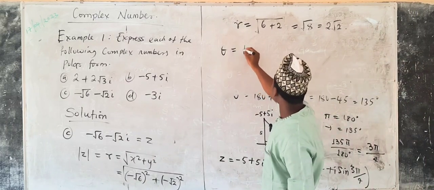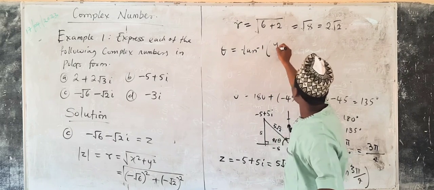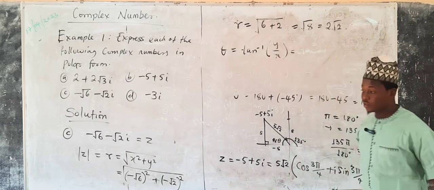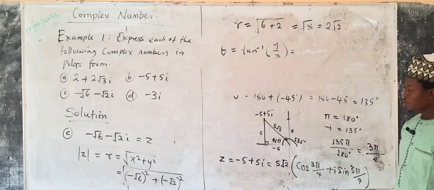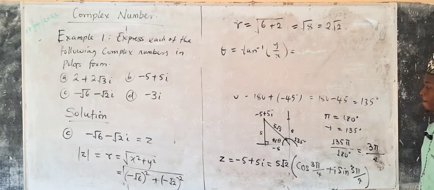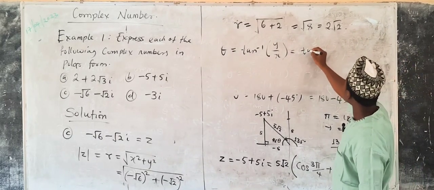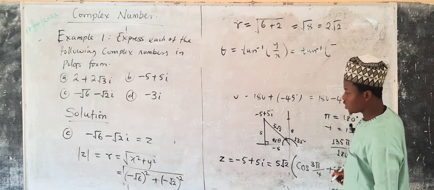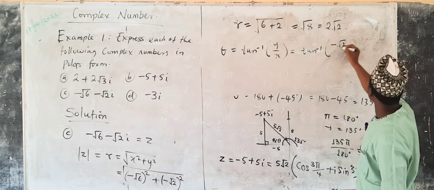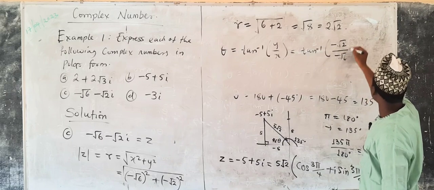Theta, which is tan inverse of what? Y over x. What is our y? Tan inverse of minus root 2 over what? Minus root 6.